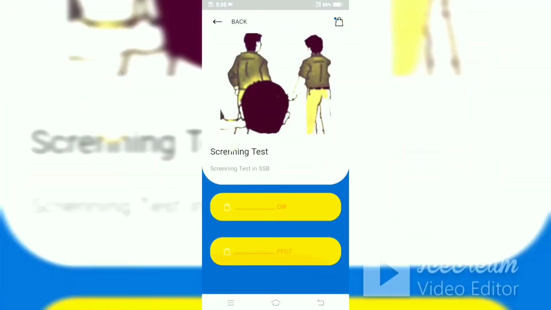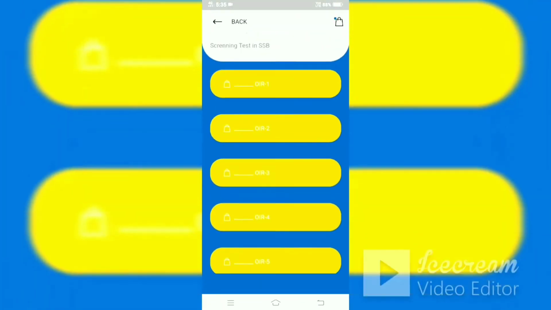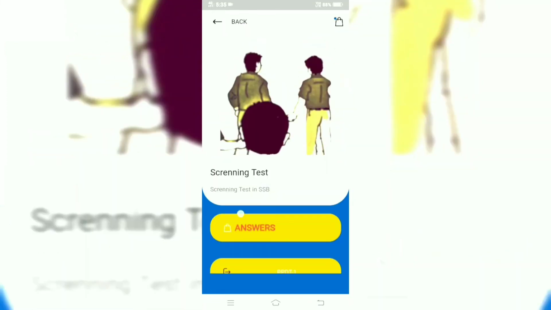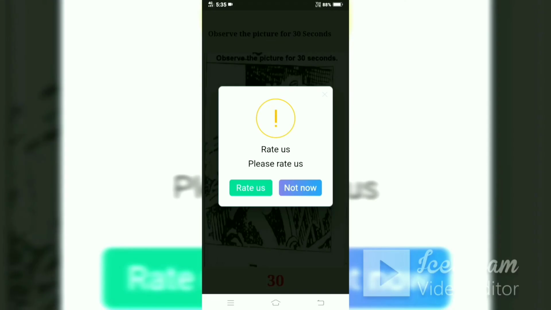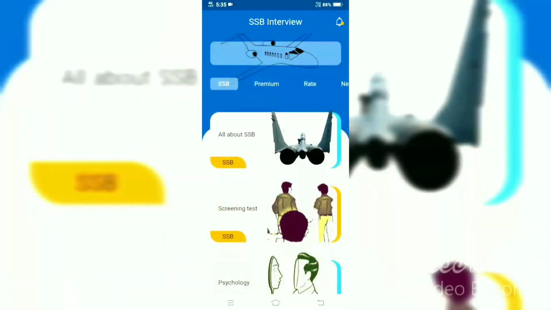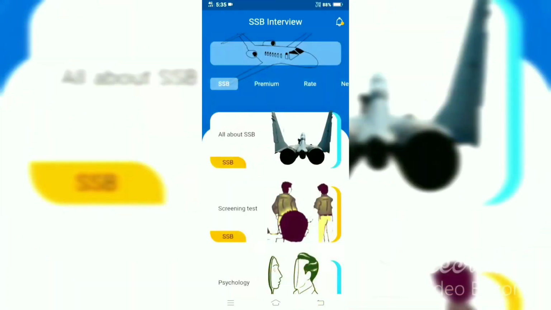And now coming to the screening test, the best thing about it is that the OIR test is there, and some are free and some cost, you have to pay. And the best thing about this app is you can also take the PP and DT test in a real manner, where a picture is shown to you, and in 30 seconds you observe the picture and write a story on it.